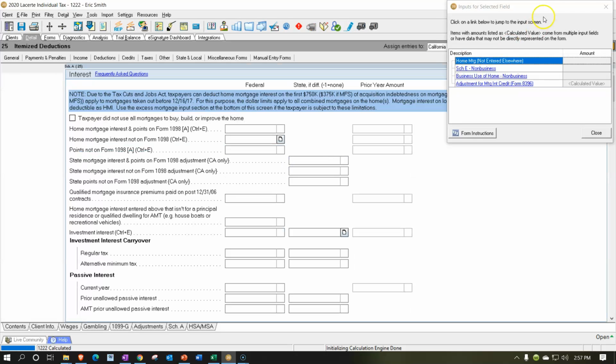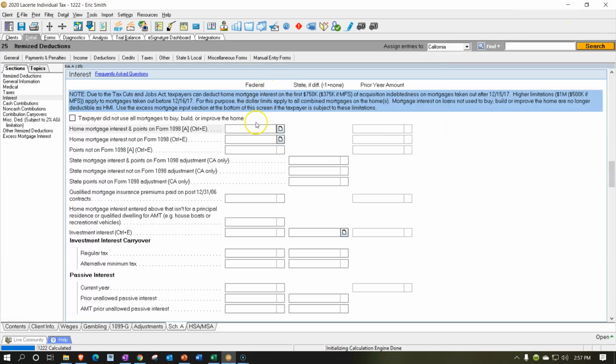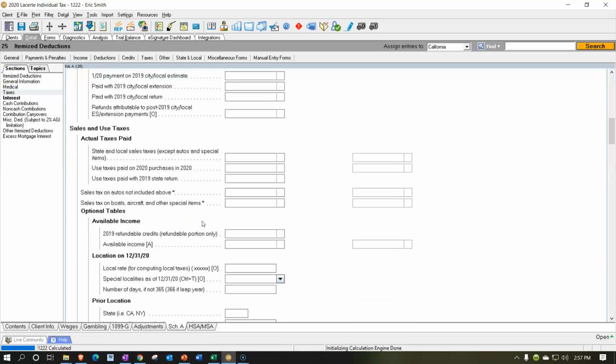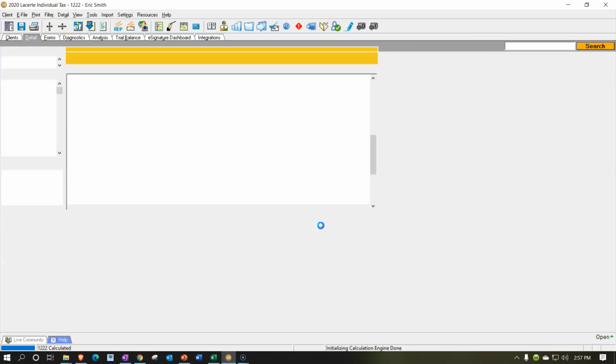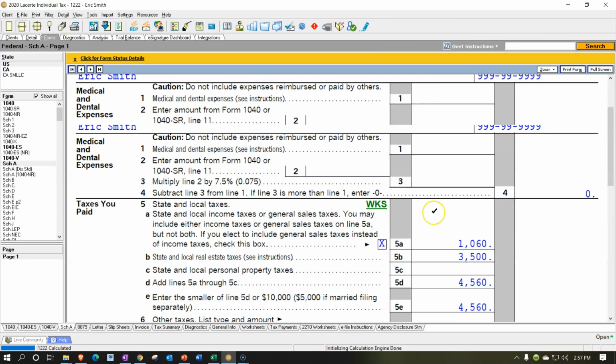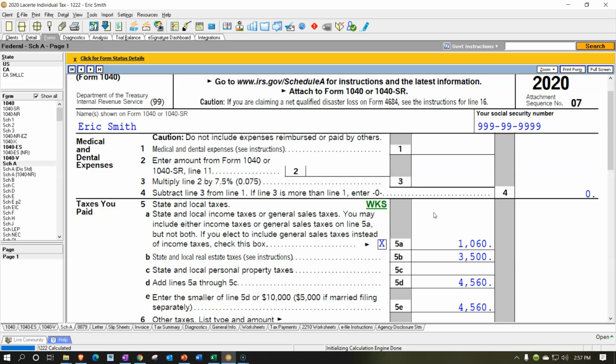And we'll say, all right, well, what if they had interest, let's say, of $10,000 here that would be reported on the 1098? And then let's say they had taxes, which would be property taxes. We're going to say a state or local tax on the home. And let's say that was another 3.5, let's say. And then if we go back on over to the forms, now we've got these items for the taxes.